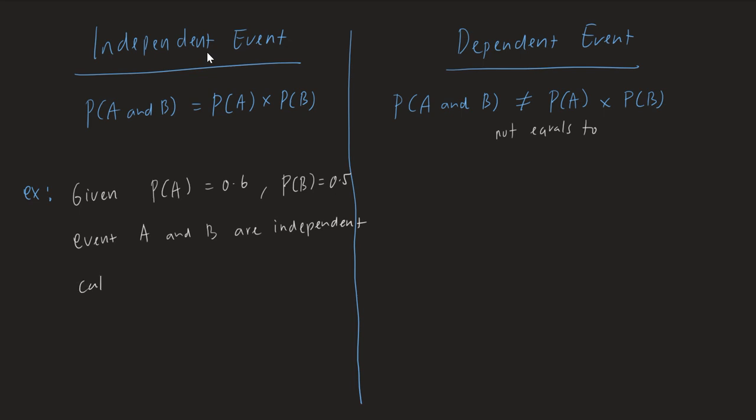So that would be correct. Yes, correct. And then for the dependent event, 0.3.